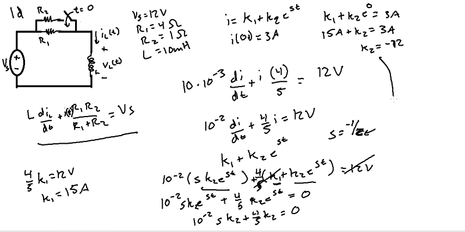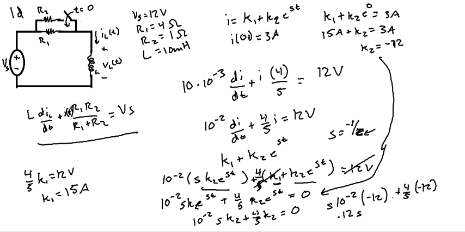Alright, so now we're going to plug this back in way down here. s times 10 to the negative 2 times negative 12. That's negative 0.12 s plus 4/5 times negative 12.